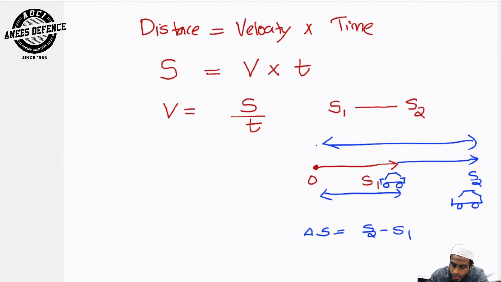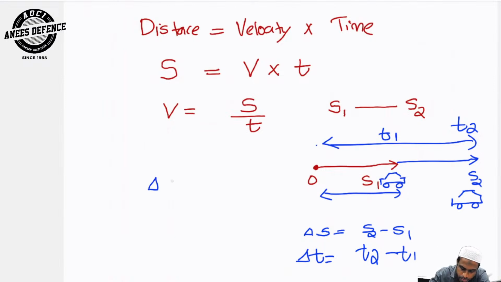So when the vehicle was at S1, the time was T1. After some time, that means at time T2, the vehicle reached the point S2, that much distance. So in how much time has it traveled? Final time minus initial time. So what is the rate of change of distance with respect to time?